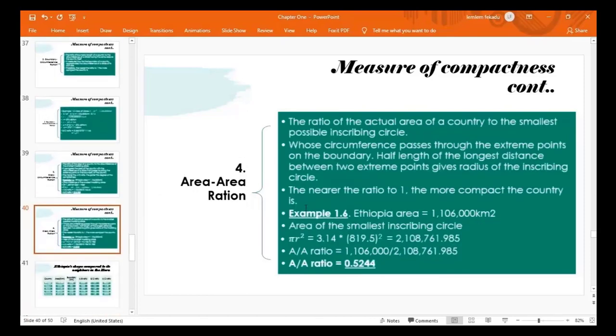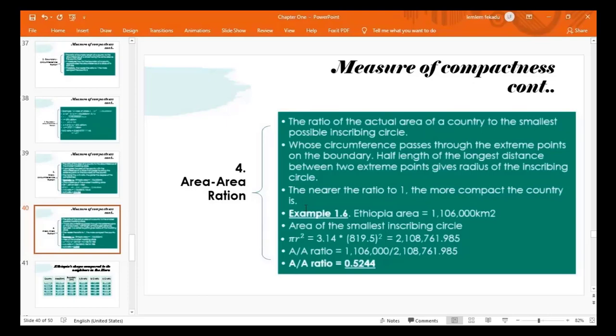And the fourth measure of the compactness index is the area ratio. The area ratio is the ratio of the actual area of a country to the smallest possible inscribing circle, whose circumference passes through the extreme points on the boundary. Half the length of the longest distance between two extreme points gives the radius of the inscribing circle.